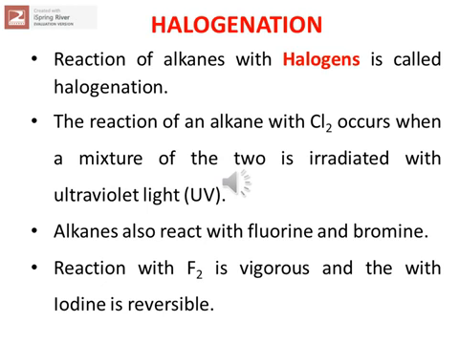The reaction of an alkane with chlorine occurs when a mixture of the two is irradiated with ultraviolet light. Alkanes also react with fluorine and bromine. Reaction with fluorine is vigorous, whereas with iodine it is reversible.